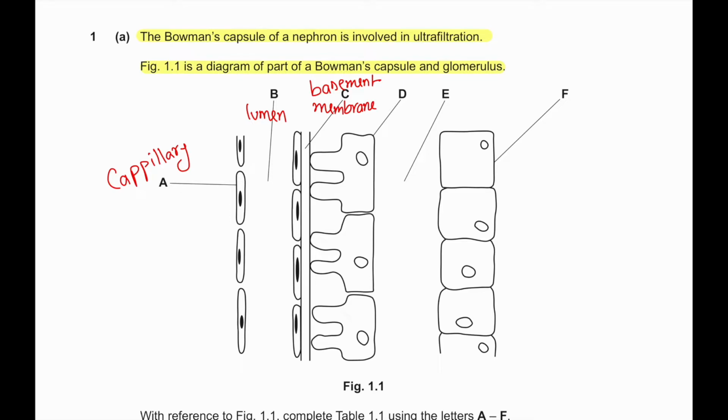D is basically podocyte cell. E will then be obviously glomerular filtrate. And F is basically the Bowman's capsule.